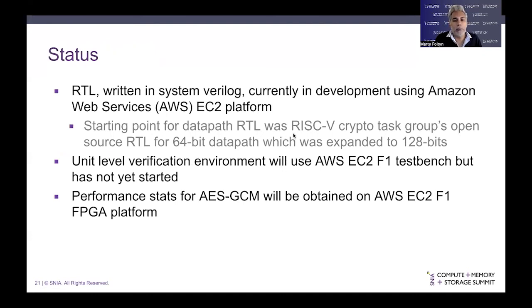The starting point was the RISC-V crypto task group's open source RTL for a 64-bit data path, which was for their scalar extensions, which we expanded to 128 bits. The plan is to use the AWS F1 FPGA platform to test and to get performance stats.